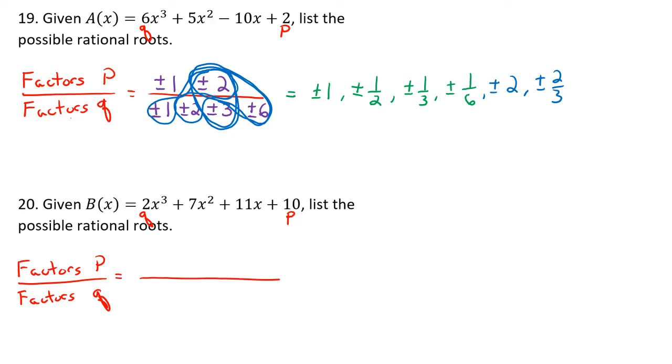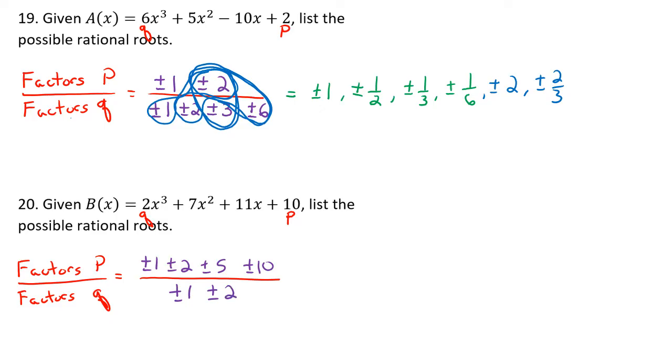All right, so our p numbers that multiply to give us 10, 1 times 10, and 2 times 5. For the denominator, two numbers that multiply to give us 2 is 1 times 2, and there's nothing else.